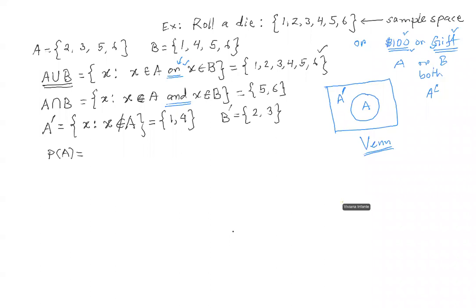What is the probability that event A will happen in the context of rolling a die?